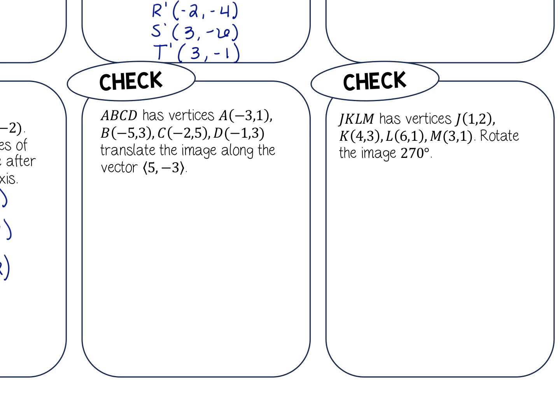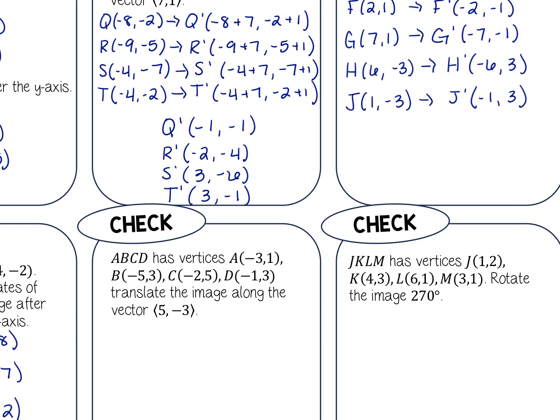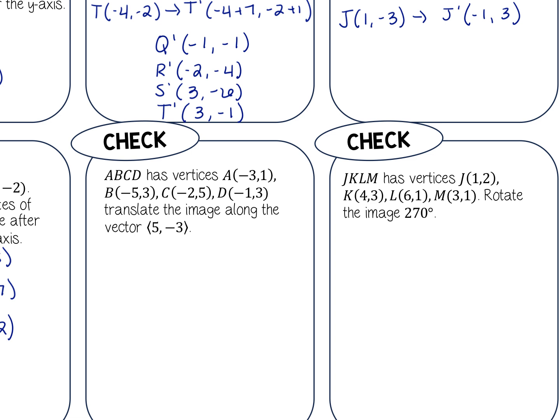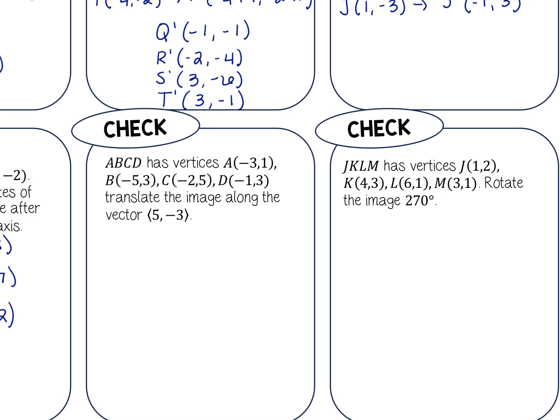All right, the second one, we have quadrilateral ABCD. The vertices are as follows. Translate the image along the vector 5, -3. So instead of rewriting the coordinates like I did up here, to save some space, I'm just going to skip to this step and then we'll simplify it. You should obviously know that these are the starting points.